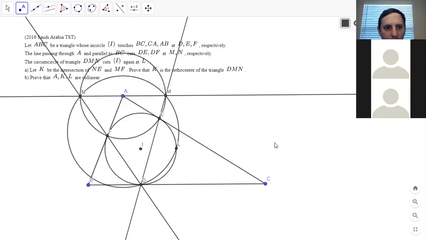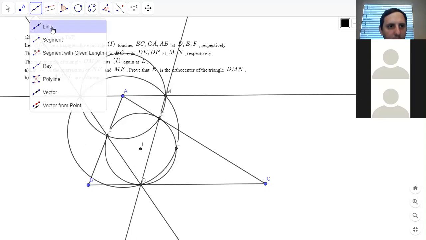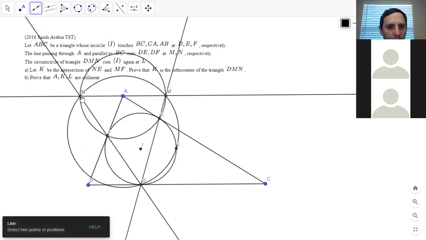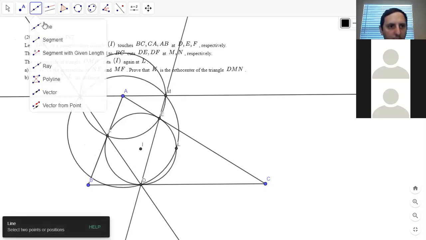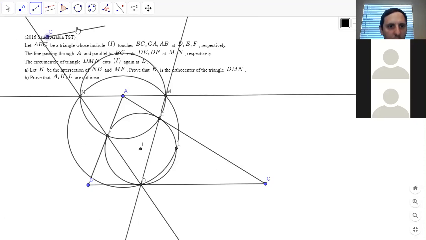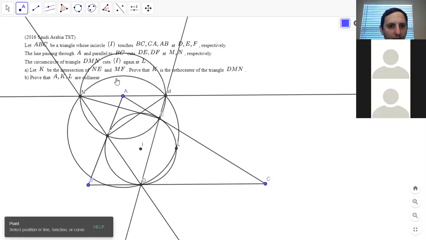And K is the intersection of NE and MF. I'm just going to draw segments. Okay, so we have the cyclic quadrilateral NMEF, and this is K, and it looks like it lies on the incircle.